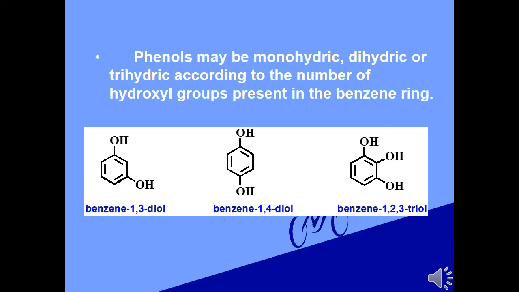Next, phenol may be monohydric, dihydric, and trihydric according to the number of hydroxyl groups present in the benzene ring. First is benzene-1,3-diol. Second is benzene-1,4-diol. Third is benzene-1,2,3-triol. For phenol.